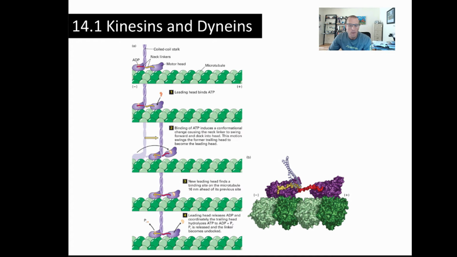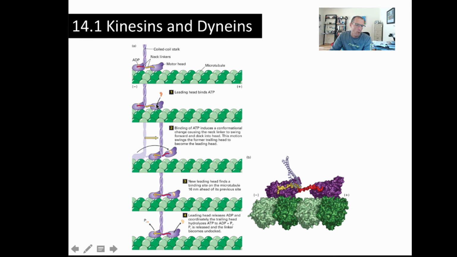So if we think about the actual series of events of walking and break that down, what we have is the leading head. That's this one at the front here with this yellow kind of linker here. So that motor protein head there, it will bind ATP, and that induces a conformational change that causes the yellow linker region here to swing forward and dock into its associated head domain.